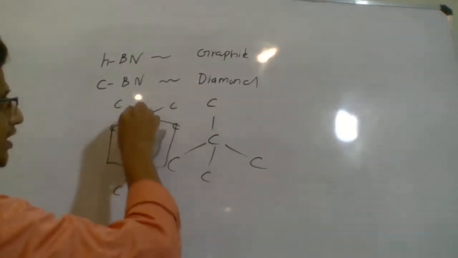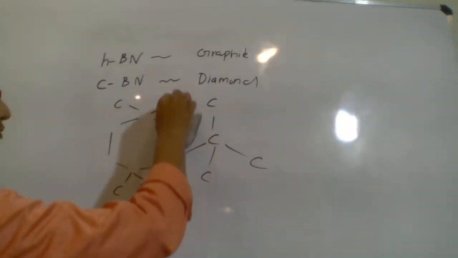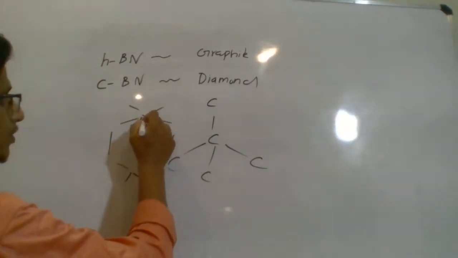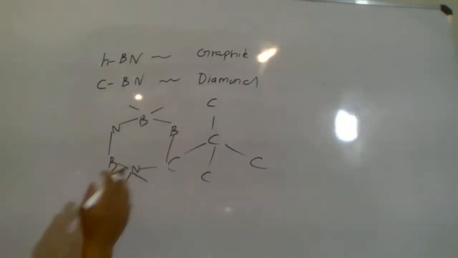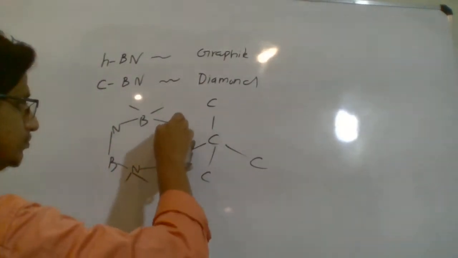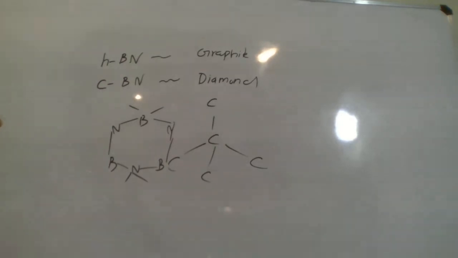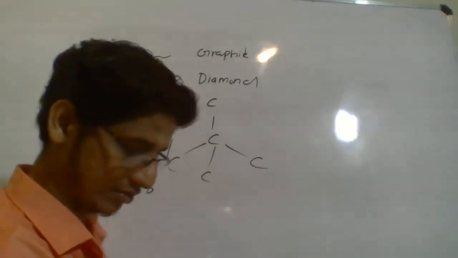Similarly, the difference here is that instead of carbon it will be boron and nitrogen. Each boron atom is tetrahedrally surrounded by 4 nitrogen atoms, and each nitrogen atom is tetrahedrally surrounded by 4 boron atoms.